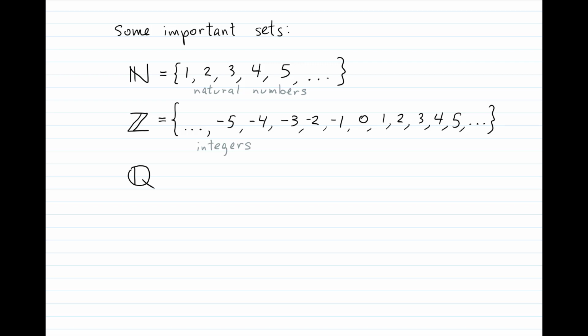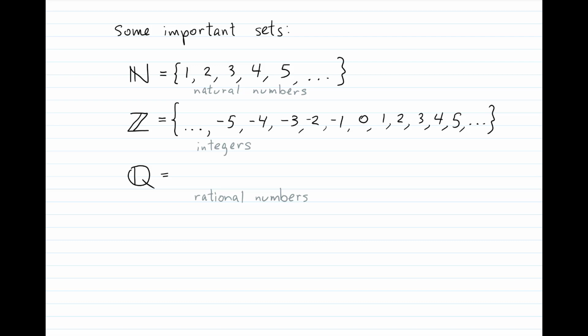Okay, this is the rational numbers. I'm sure you know what rational numbers are. They're fractions, right? Or more specifically, we say they are numbers that can be written as a ratio of integers.